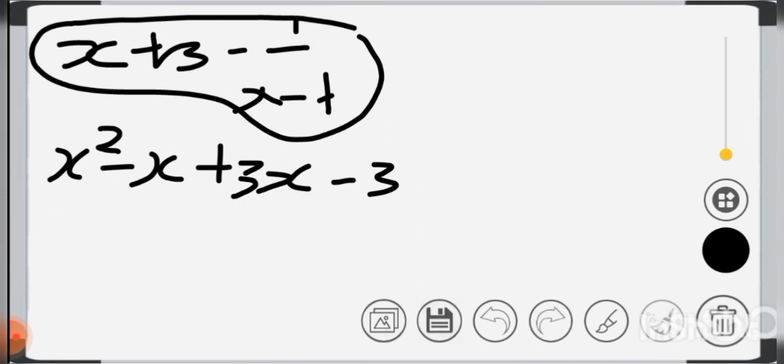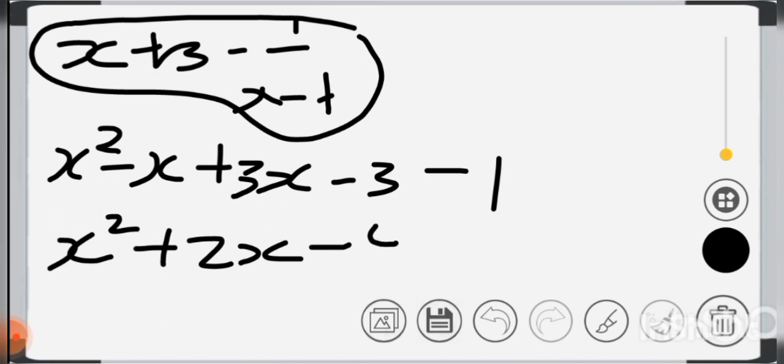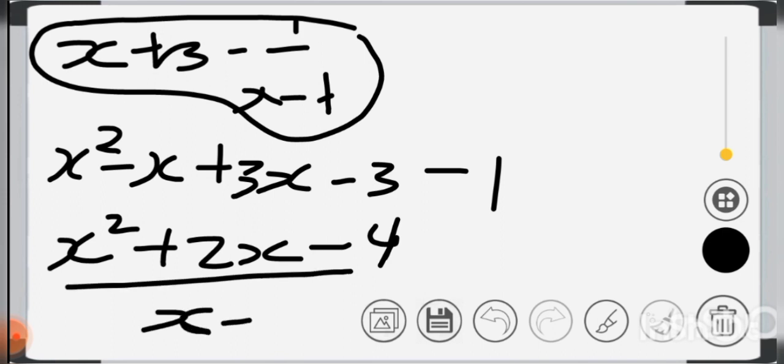Since it's already showing minus, just say minus 1, because plus minus will give you minus. That was x squared plus 2x minus 4. Let's see what I'm going to have. So that is how it is. And everything over x minus 1. This is what you're still going to have at the end of the day.